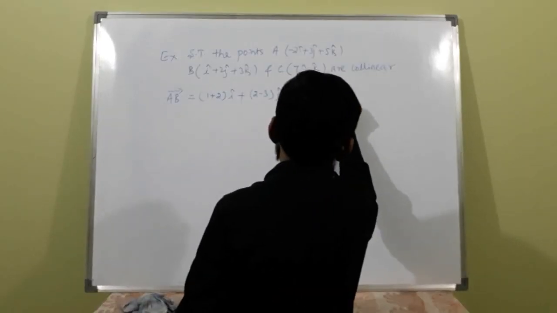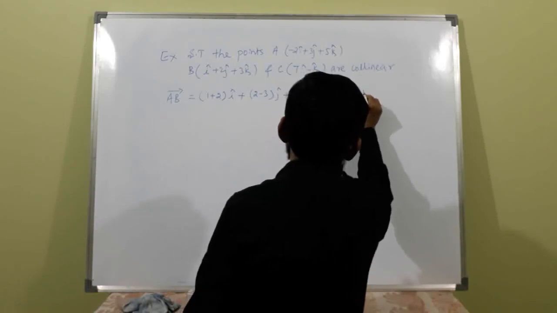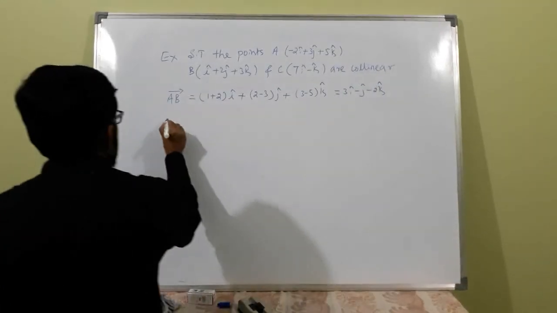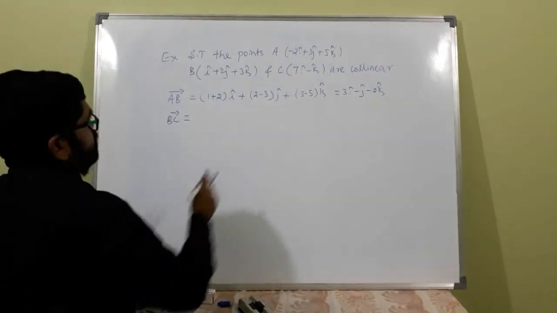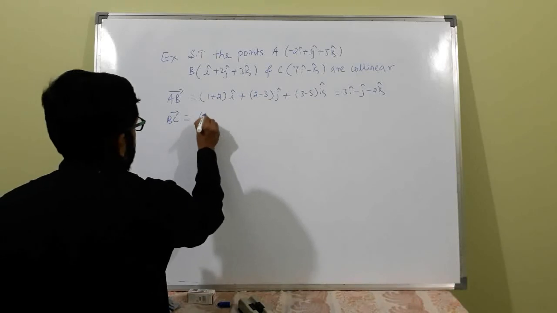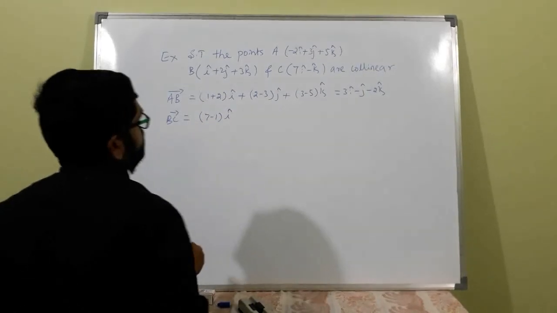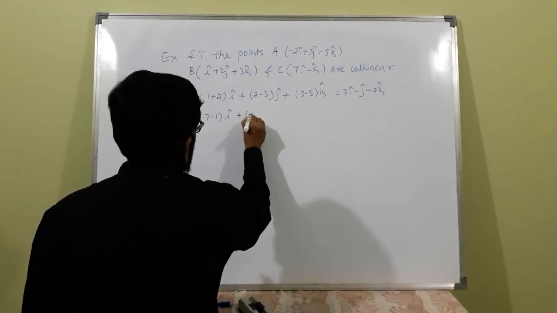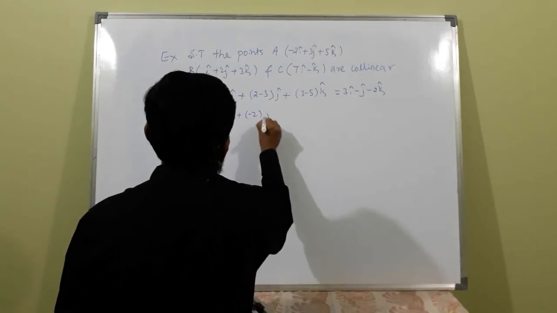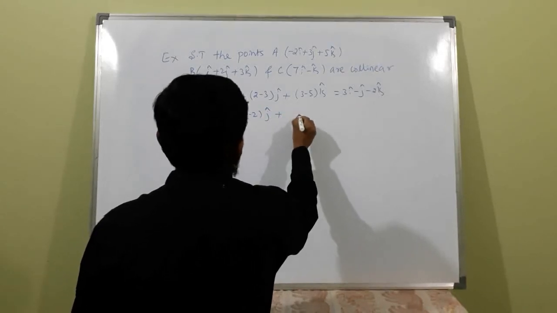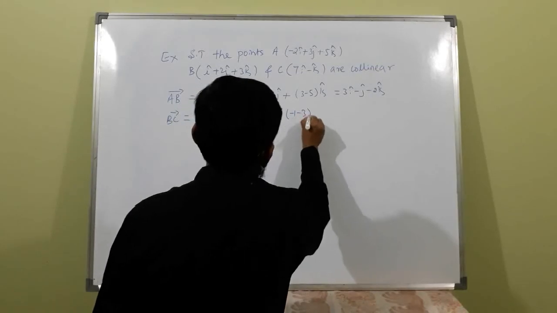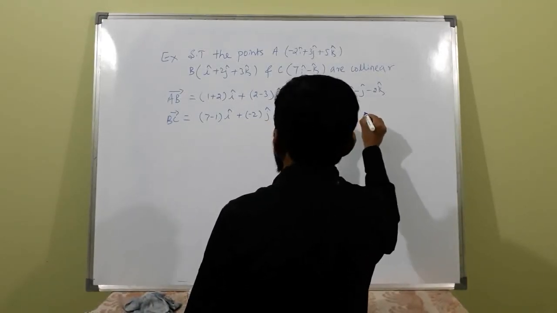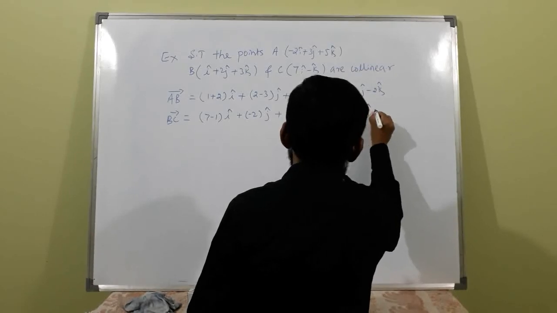That is 3i minus j minus 2k. For BC, between B and C, 7 minus 1 is 6i, no j terms, 0 minus 2j, and minus 1 minus 3 k. That is 6i minus 2j minus 4k.